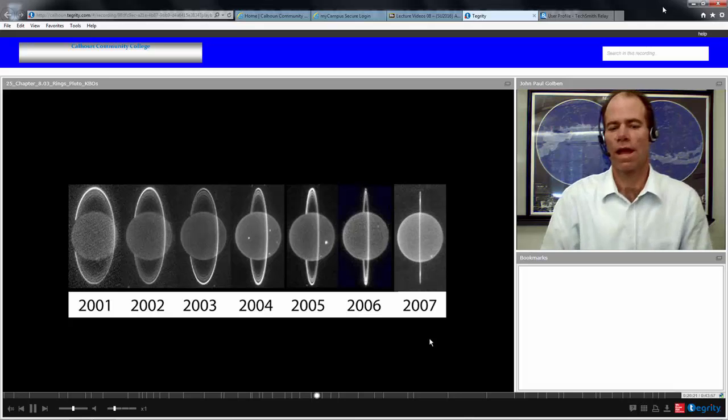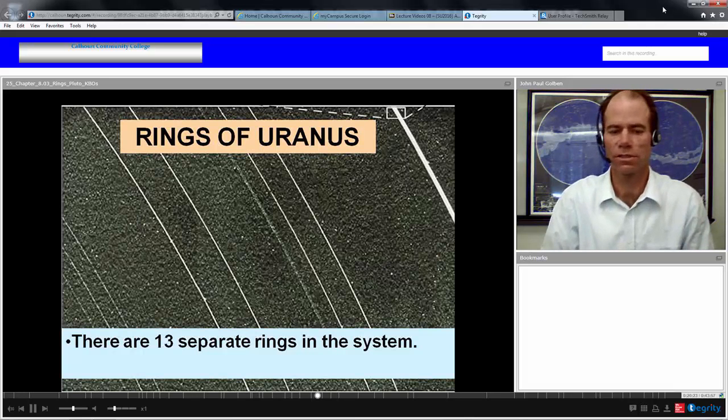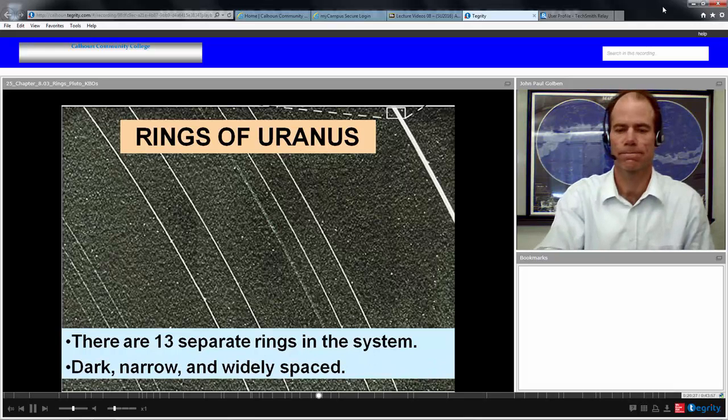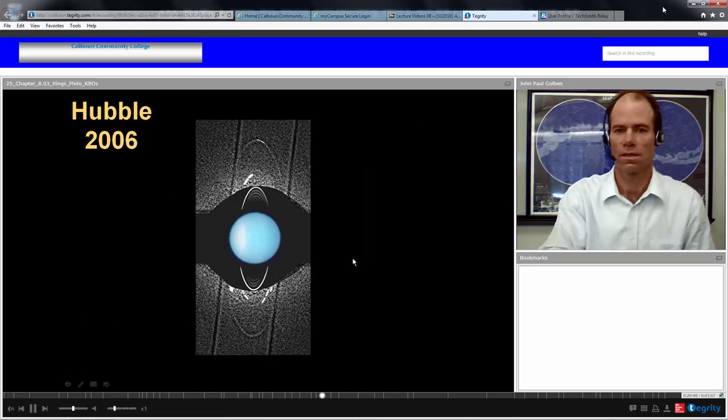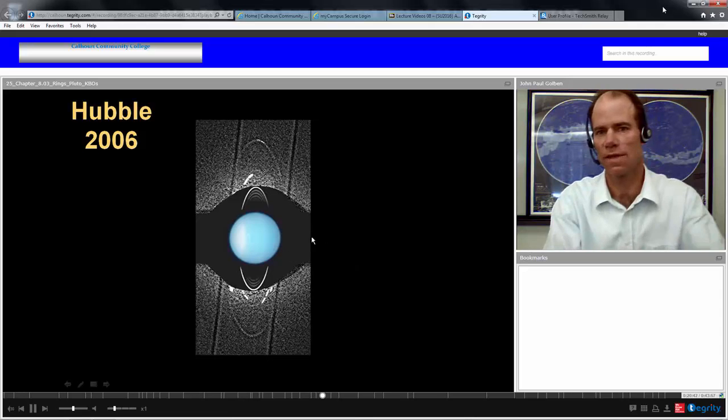There are, as of the current count, 13 separate rings in the Uranus ring system. They are all dark, narrow, and widely spaced, as we see in this photograph of these rings. The last two were discovered by Hubble in 2006.